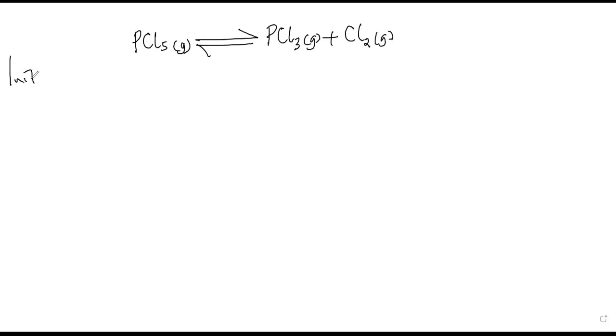So we have PCl5 gas. Here we need the initial moles. Initial moles of phosphorus 0.